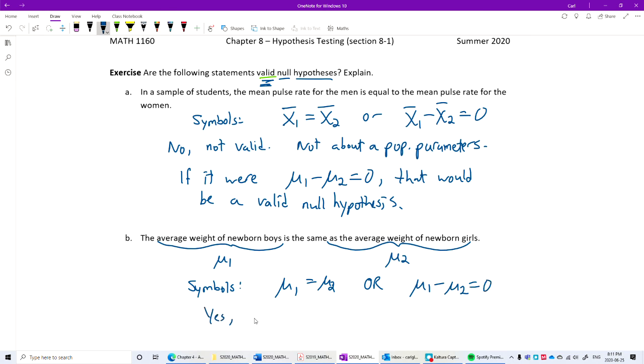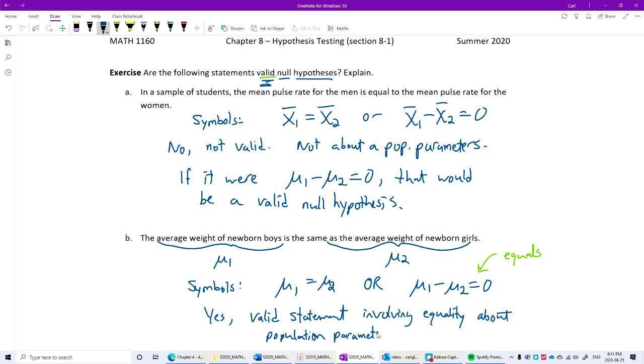So yes, that is a valid statement, and it has an equal sign. That's a critical thing too. It uses equals. So it's a valid statement involving equality about population parameters, which makes it okay as a null hypothesis.